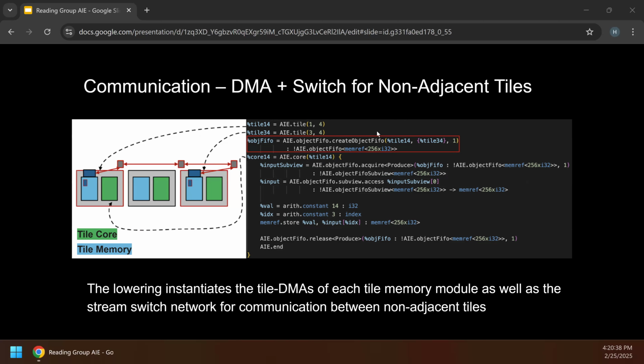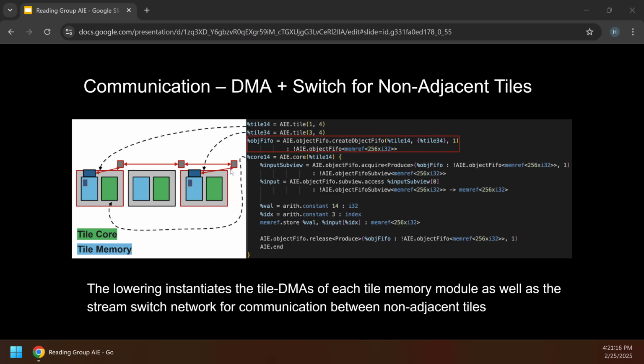In the diagram here with the object FIFO we introduced in the previous slides, we can see that there's no huge difference between object FIFO declarations with adjacent tiles and the one with non-adjacent tiles. What we need to put here is just a producer tile and the consumer tiles, so we don't care whether they are adjacent or not.